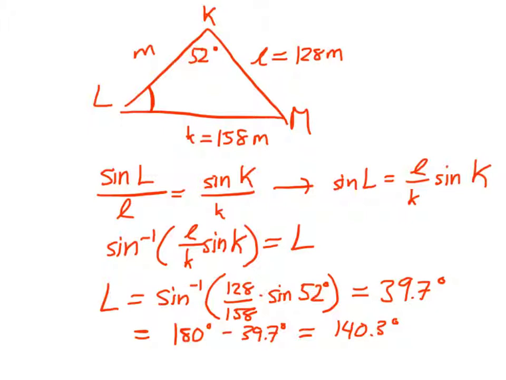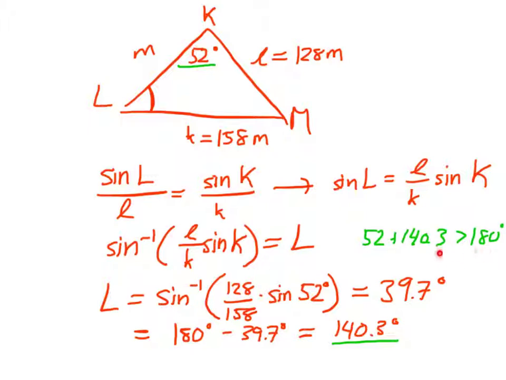Now in this case, I can eliminate one of the answers. Take a look at the second angle here, 140.3, and then take a look at the original triangle. I know angle K is 52 degrees. Well, 52 degrees plus 140.3 is greater than 180 degrees. Well, I know that all three angles in a triangle have to add up to 180 degrees.